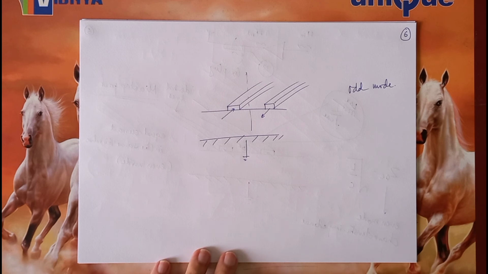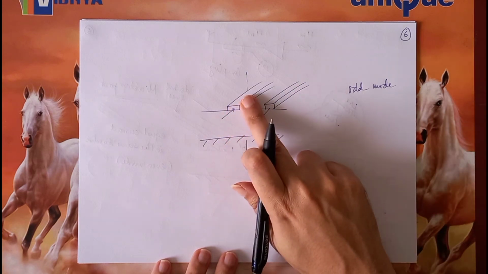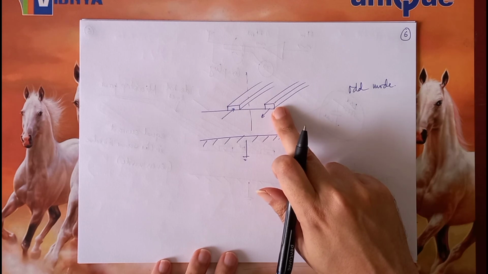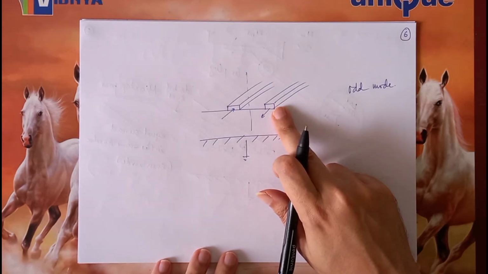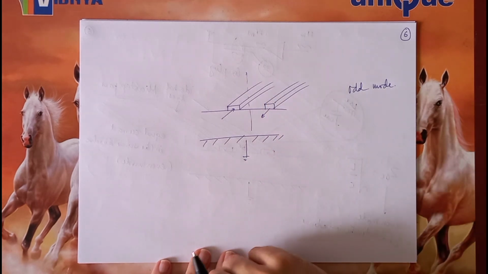Now how is that happening? We took the example where there was a current in one conductor and no current in the other conductor. That is not the even mode, but there is certainly some component of the odd mode over there, and there the EMF is getting induced.